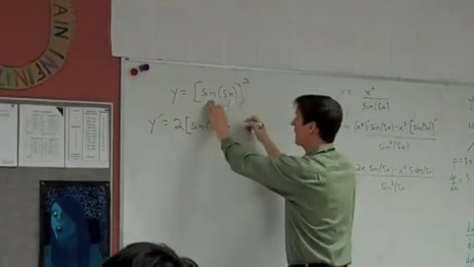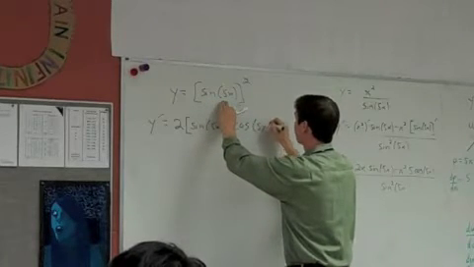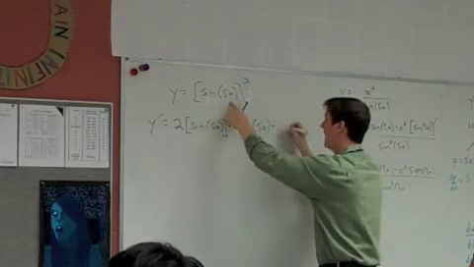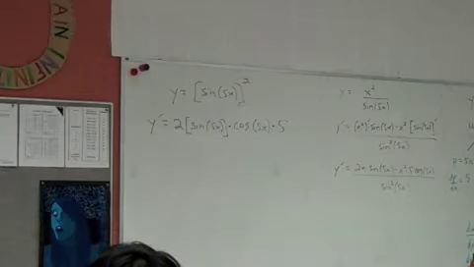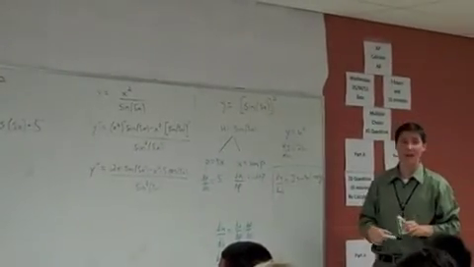Well, the derivative of what's inside is cosine of, leave this alone, times the derivative of what's inside of that, which is 5. And you get the same thing. Wow. It just takes practice.